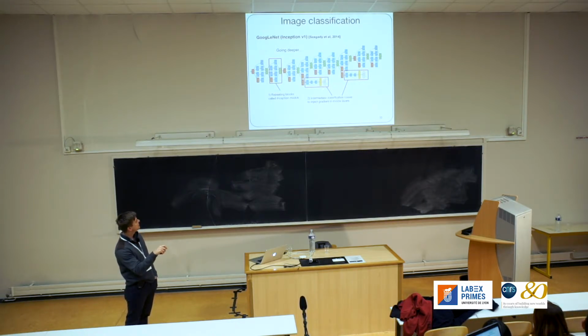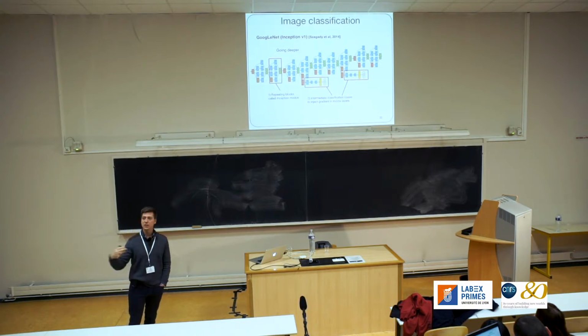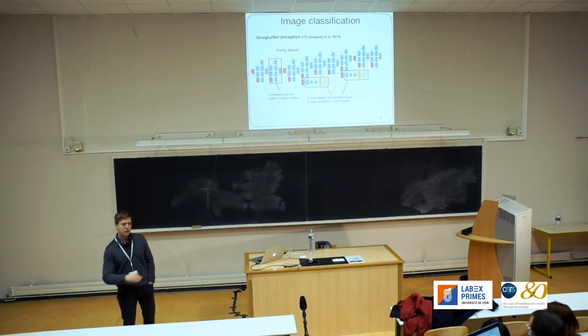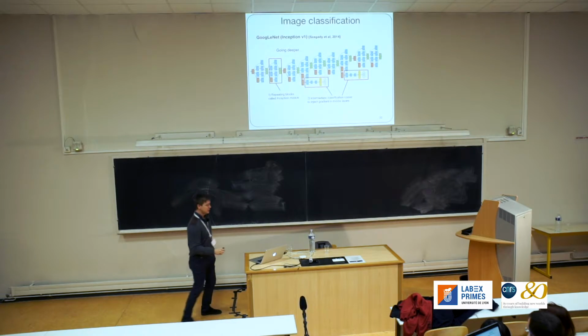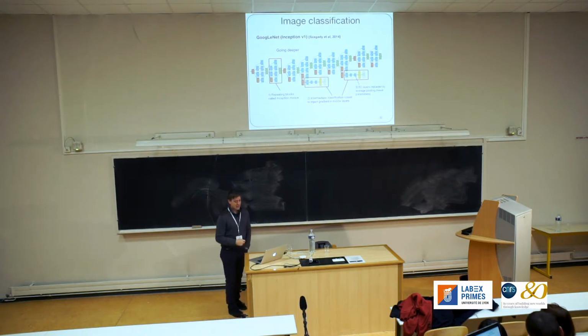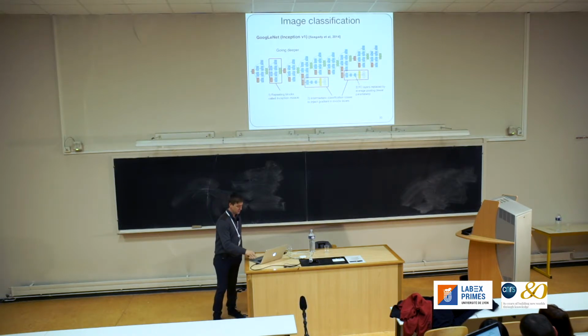By having these loss functions in the middle, I allow gradient to flow from there. It's sort of like injecting signal in the middle layers of my network. We're going to see a little bit later that this is absolutely not necessary anymore. And lastly, they replaced the fully connected layers by pooling layers, but this is a detail.